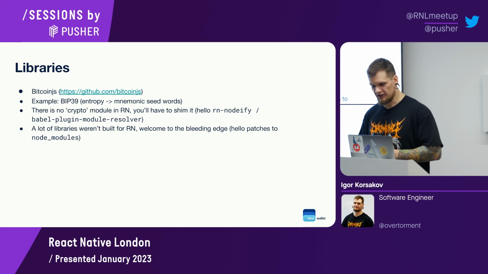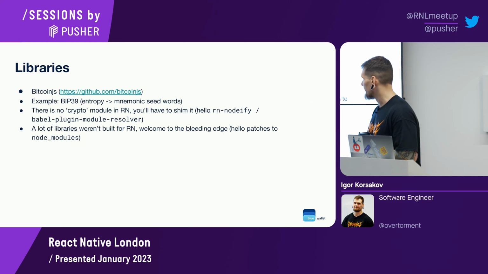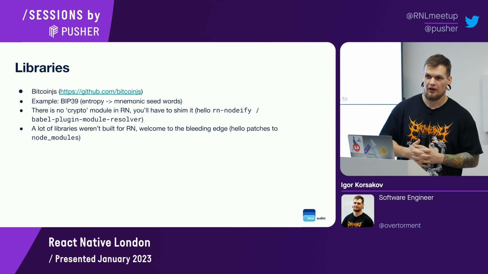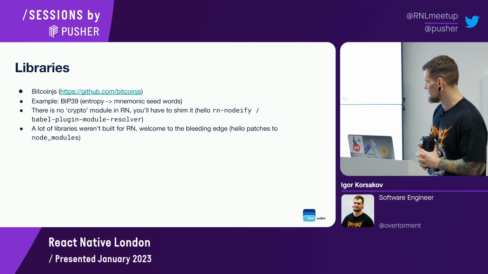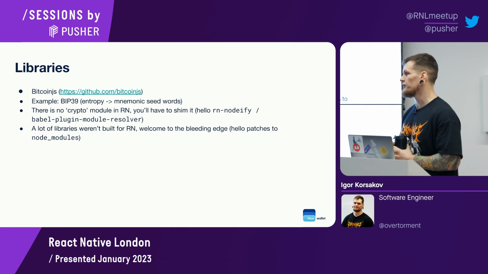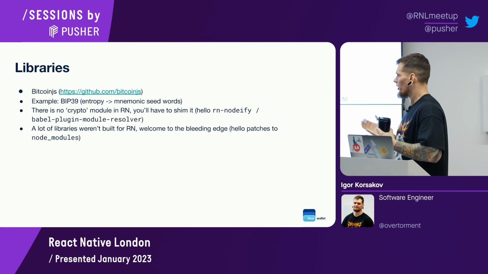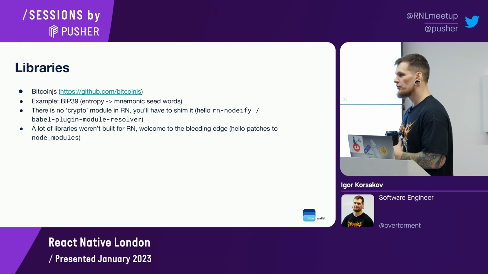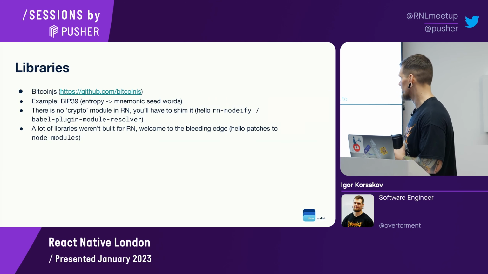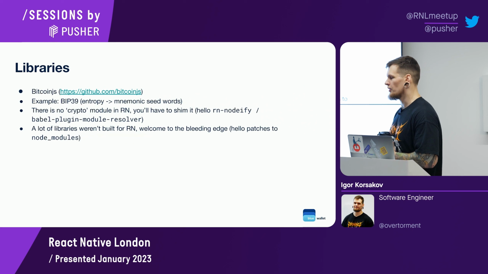Yeah, and there are some gotchas. Like, for example, there's no crypto module in React Native. And some of the libraries you're going to use might not be designed for React Native. They might be designed for Node.js, and they're not going to just work on React Native. So welcome to the bleeding edge, as we call it. So you're going to have to hack node modules.